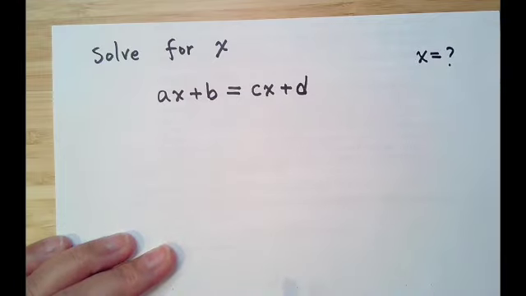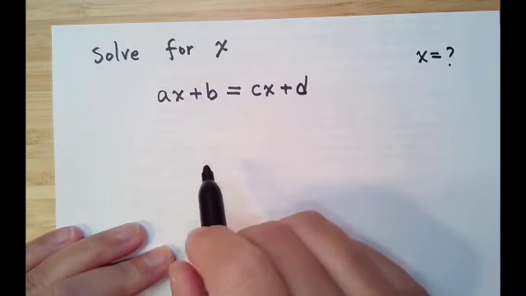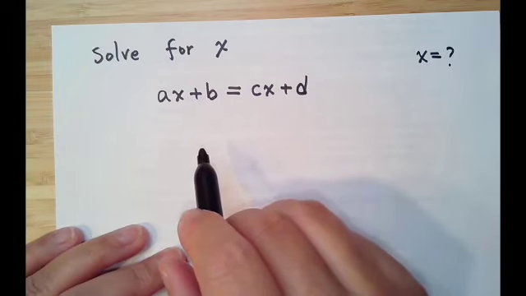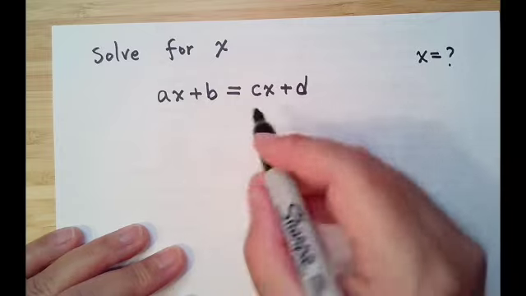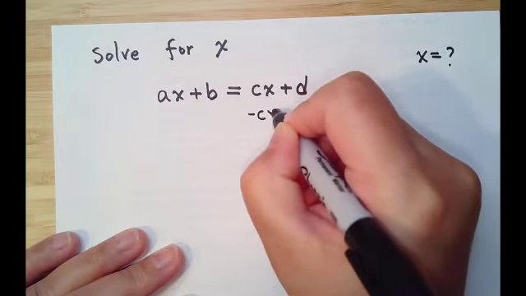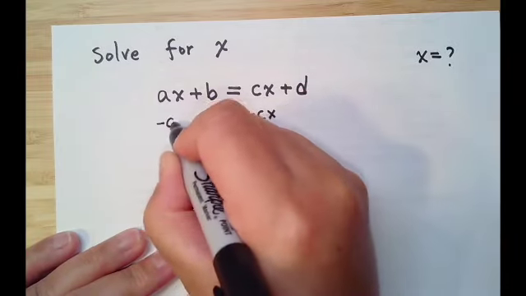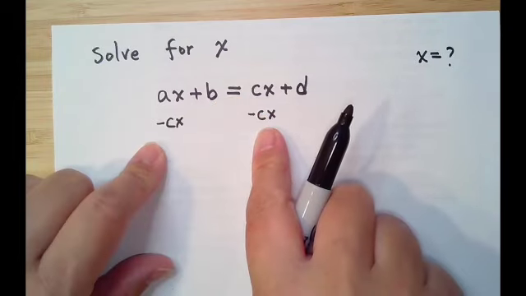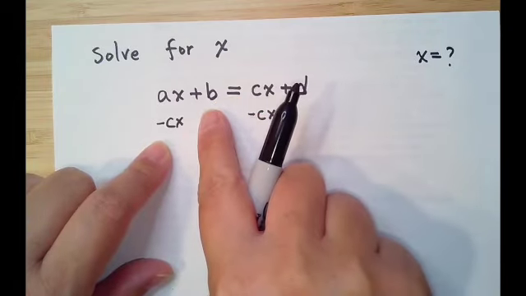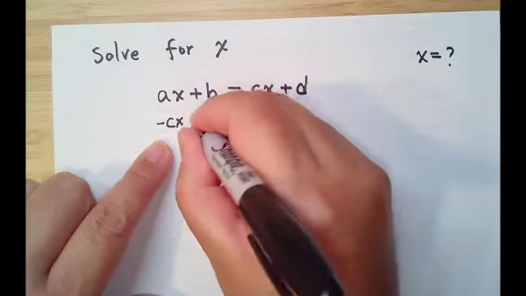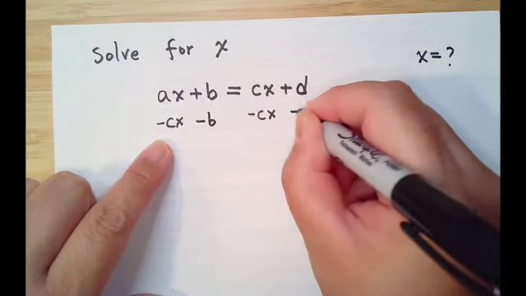Okay, solve for x. Remember, we're going to move all the x terms to one side, so we're going to subtract cx on both sides, and then move all the numbers without x to the other side. So I'm going to minus b, minus b.